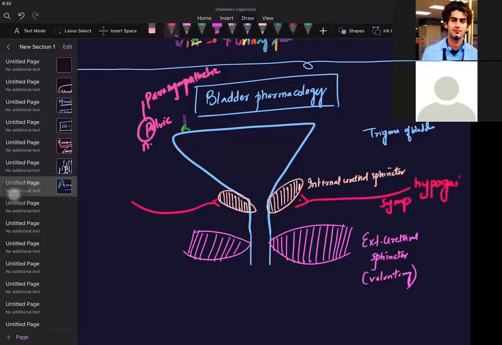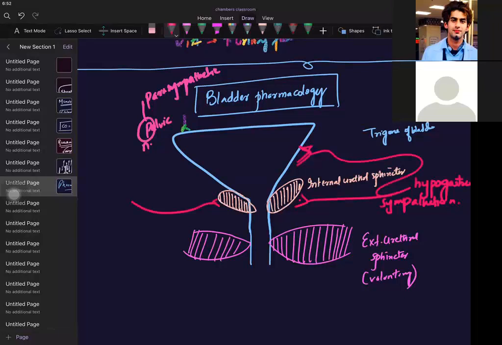I hope you remember the anatomy. It's so important to learn anatomy; without that, you can't do anything. So it is the hypogastric nerve, which is a sympathetic nerve. The hypogastric is also giving a division to this, definitely, because it should know that I'm having a sympathetic activity.